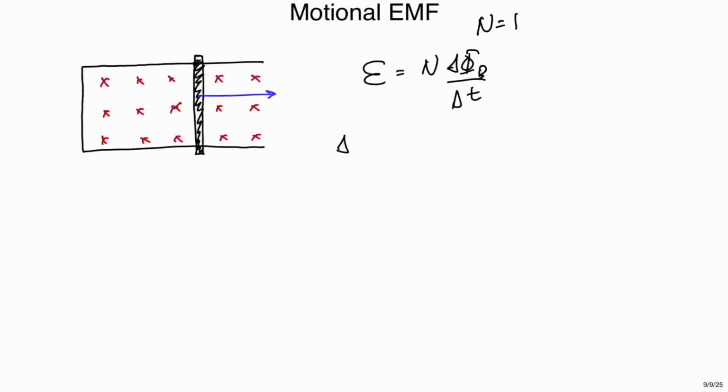So I've got to go back to yesterday's lab and figure out, of everything that's here, what's the thing that's changing? Where's the delta? Is it magnetic field, is it area, or is it angle? Well, I already told you it's area. We're going to be increasing the area of this thing as we drag the bar along. So I've got to figure out what this change in area is.